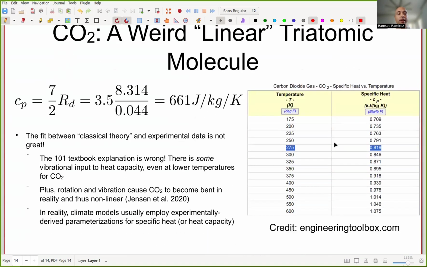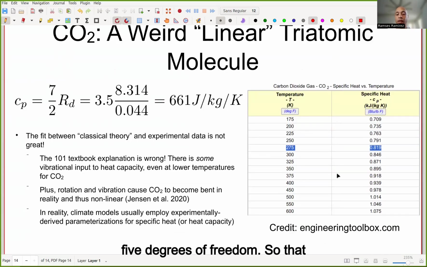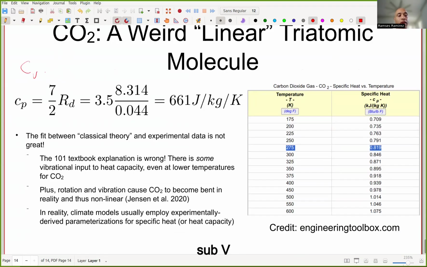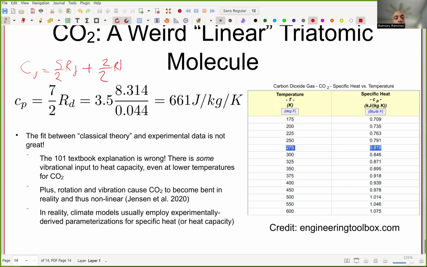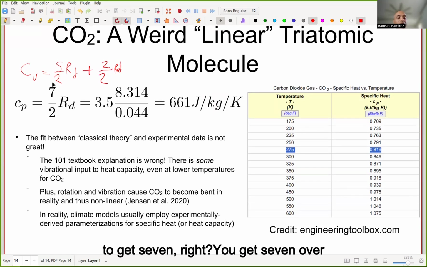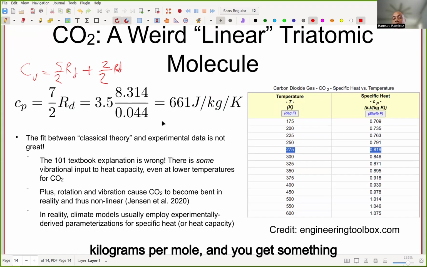So let's look at this. We just make those assumptions and it has 5 degrees of freedom. So that means little c sub V would be 5/2 RD. Then you add the extra bit there to get 7/2 RD, which is 3.5 times 8.314 over 44 grams per mole, or 0.044 kilograms per mole.